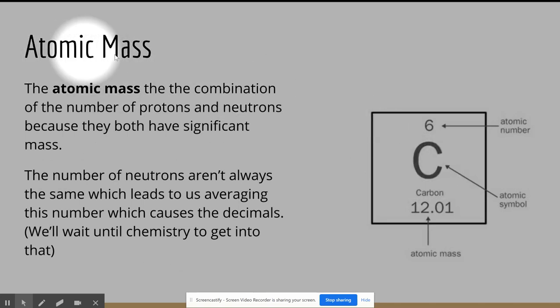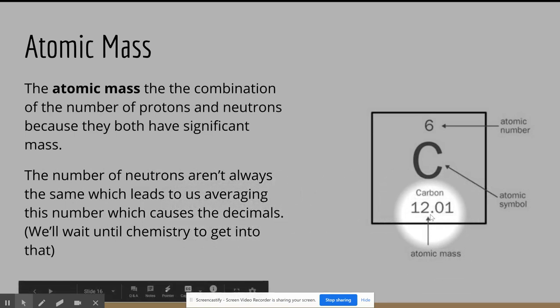Last bit here is the atomic mass. The atomic mass is the combination of the number of protons and neutrons because they both have a significant amount of mass. The electrons really aren't involved in this at all because we can't get the mass of the electron. The number of neutrons isn't always the same, which leads to us averaging this number, which causes these decimals. So sometimes you'll see that the atomic mass isn't like 12.